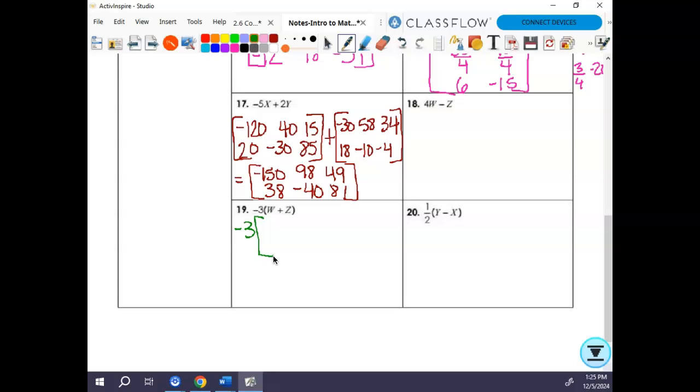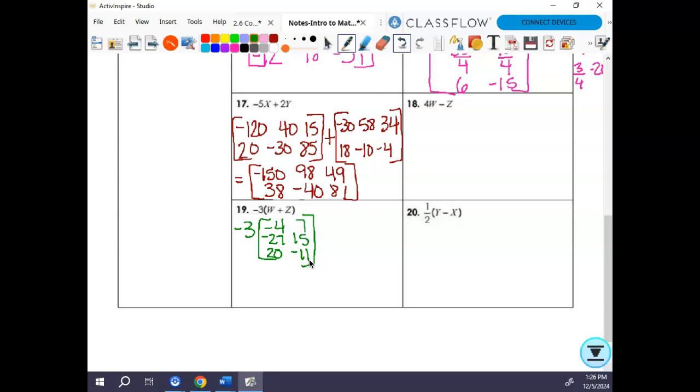I'm going to do my order of operations and do the exact same thing that I did before. W and z are the same dimensions. So negative 1 plus a negative 3 is negative 4. 9 plus a negative 2 is 7. And then negative 27 and 15. And 20 and negative 11.